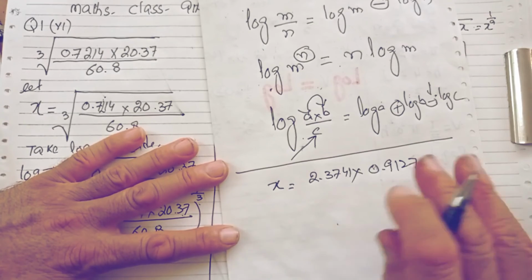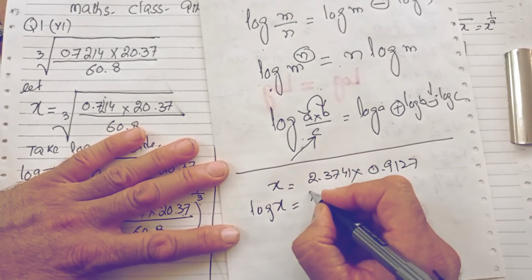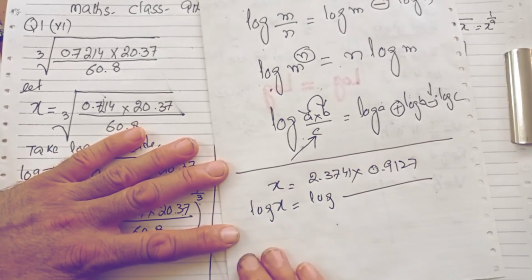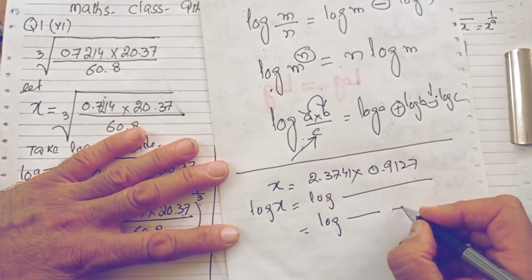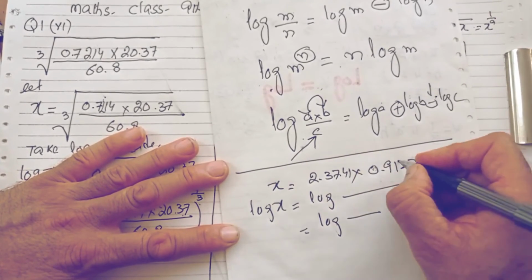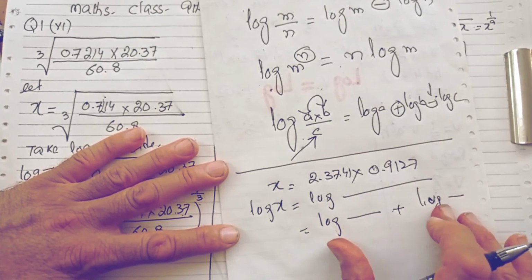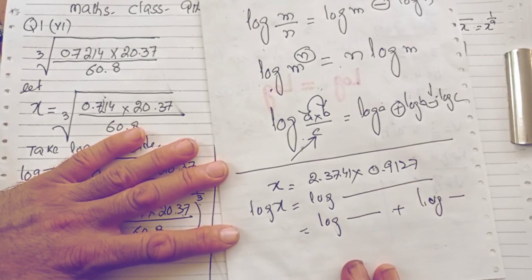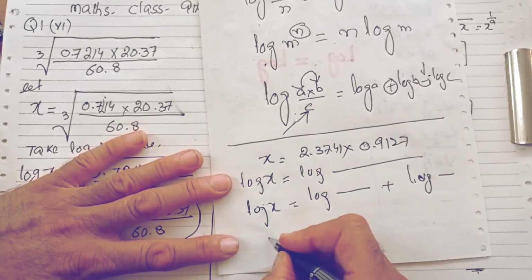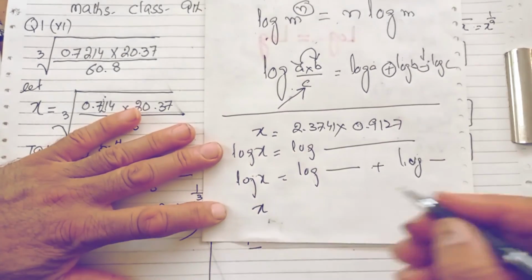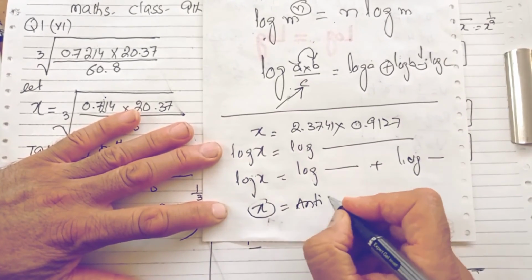First of all you will take log on both sides. Then you will take log of this expression plus log of this expression. Once you simplify them with the help of your calculator, you will be left with log x over here. Once you take this log to the other hand side, that log will be converted to antilog.